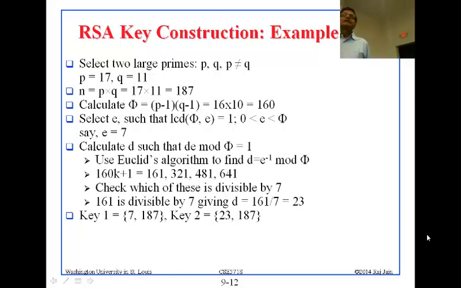Right? You cannot select 5, but you can select 7, 11, 13. All of these are relatively prime to 160. And for all of these values of E, there is a corresponding value of D. So you should do that also at home when you're practicing. How quickly can you find the inverses?